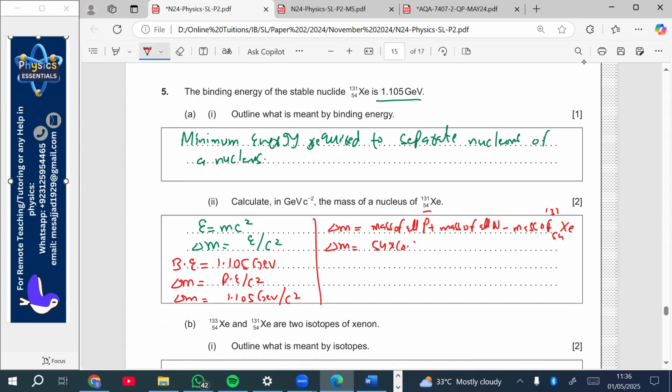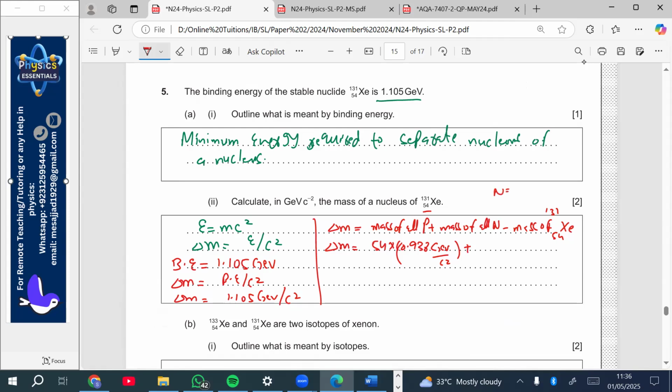It's actually 938 MeV, but when we convert it into GeV, it's 0.938 GeV over c squared, plus how many neutrons are there?